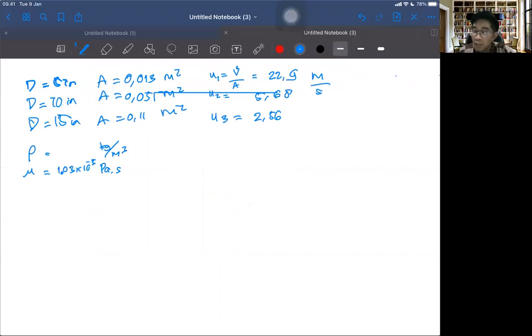And how about the density? Density is using the ideal gas law, PV equals nRT, right, sir? Yeah. How much is the density?